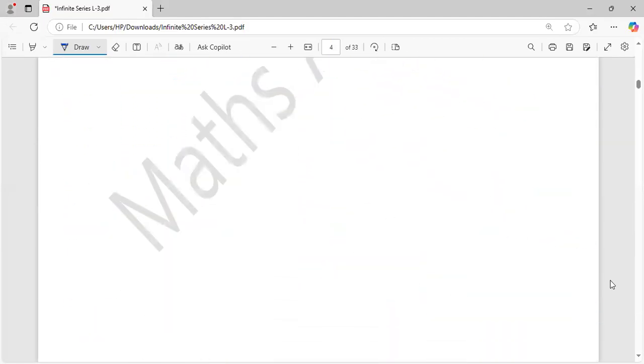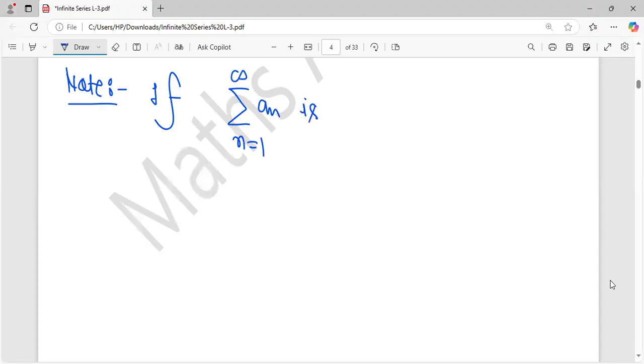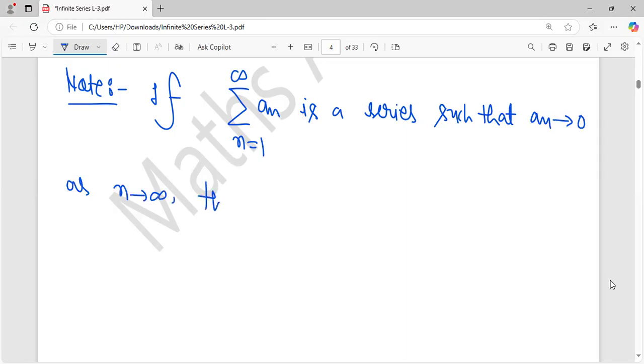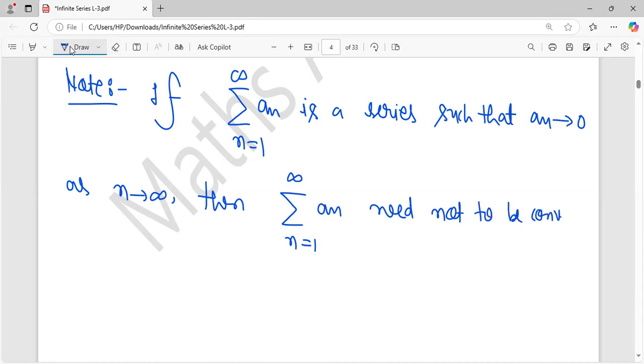Now I would like to do one question. Note: if summation n goes from 1 to infinity of a n is a series such that a n tends to 0 as n tends to infinity, then the series 1 upon a n need not be convergent.